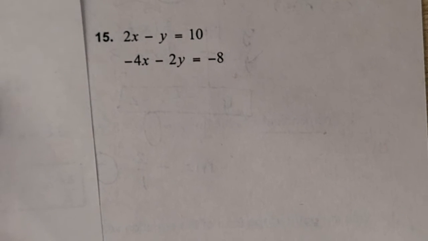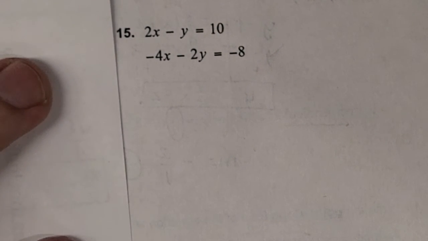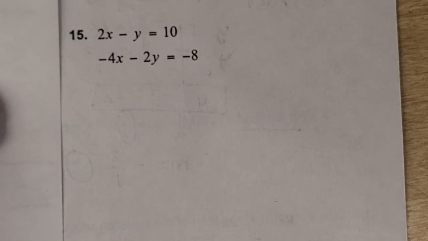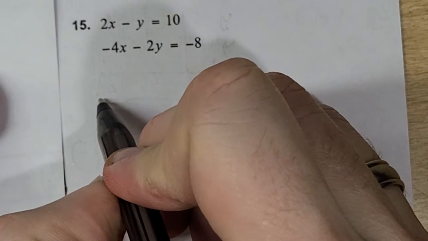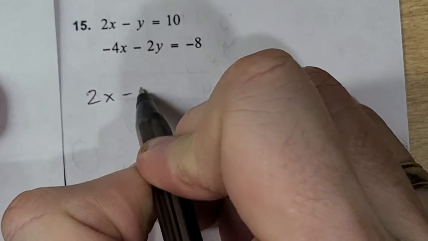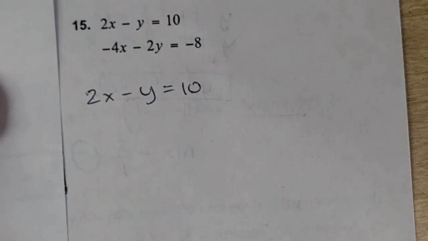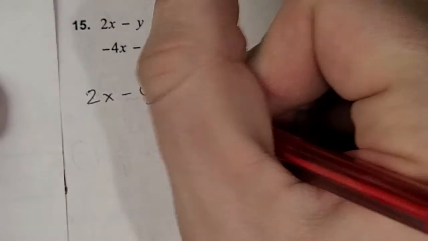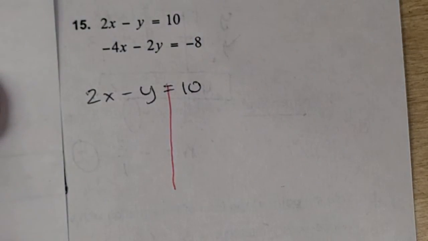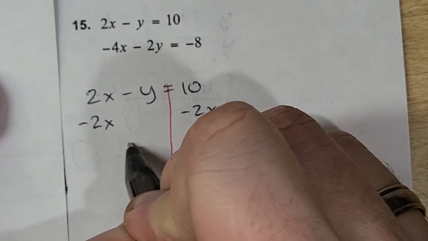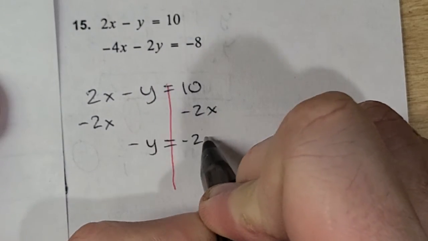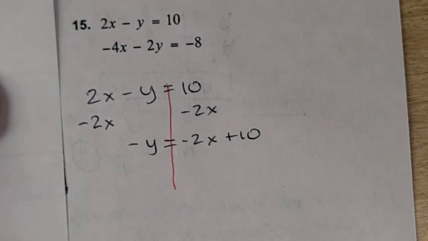All right, last one in this study guide is number 15. Same as 14, where I'm going to have to do a little work before I can actually answer the question here. So I'm going to start with 2x minus y equals 10, and I'm going to change that into slope-intercept form. So I'm going to subtract 2x from both sides, and I get negative y equals negative 2x plus 10.